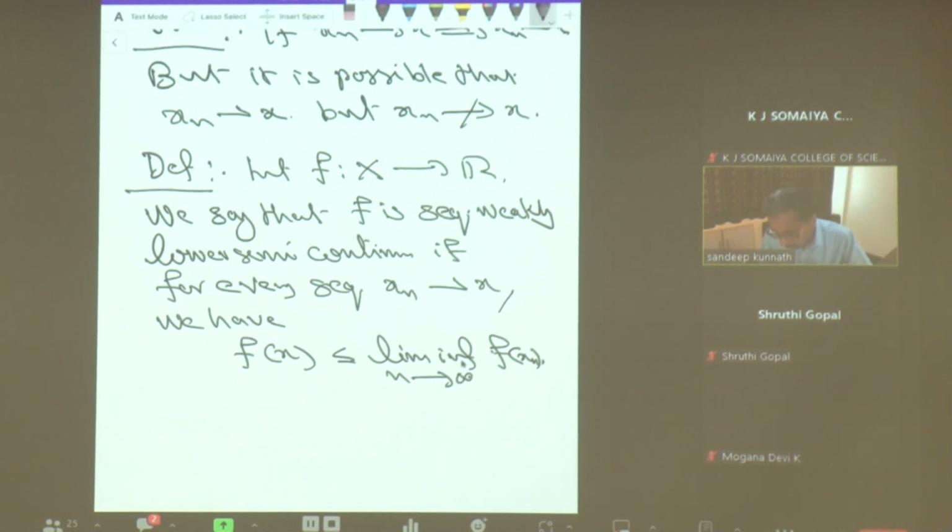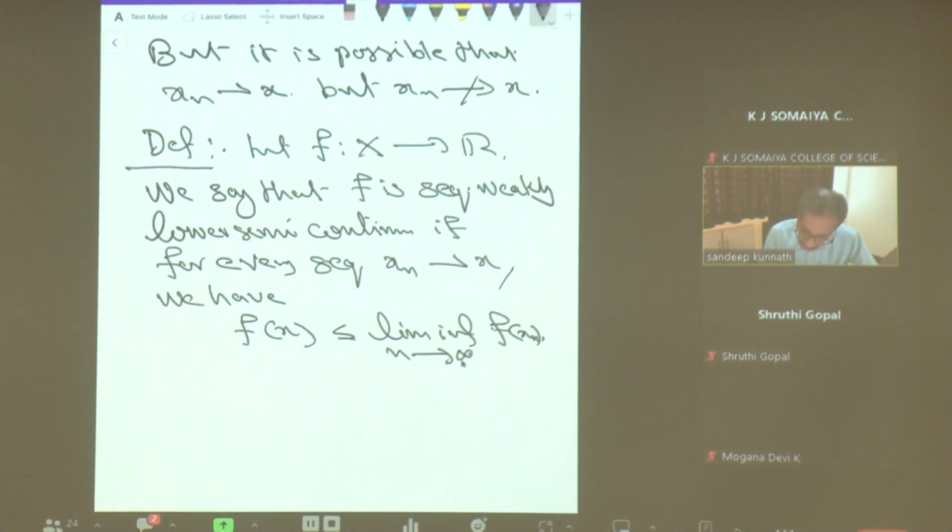What I am trying to say is that f being continuous with respect to the weak topology is a much stronger requirement, and I need this only at the sequence level. That is what I mean by sequential. If these two things are there, then I can somehow prove the existence of a minimizer.